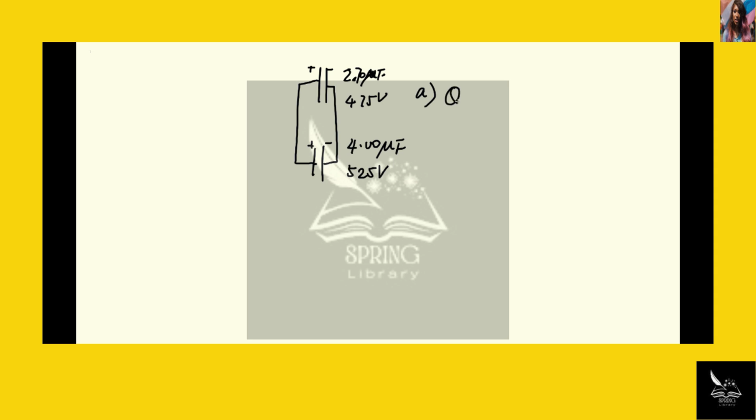Initially we have Q total equals Q1 plus Q2. Q is C times V, so this equals C1 V1 plus C2 V2. But it also equals C1 V final plus C2 times V2 final.